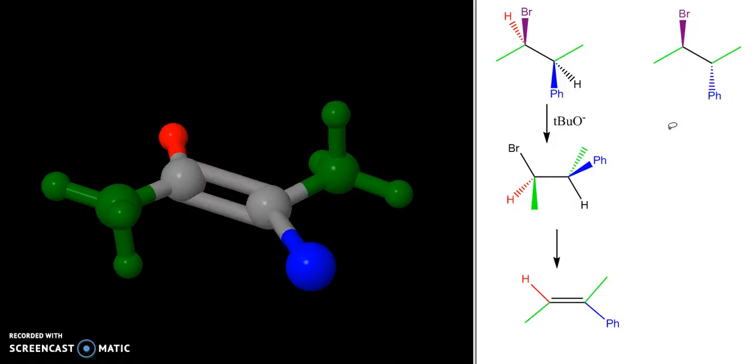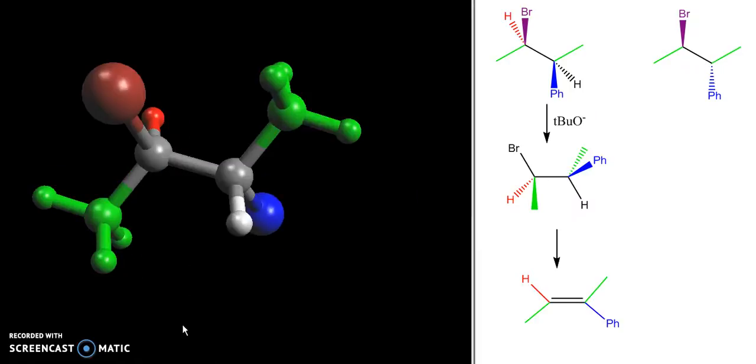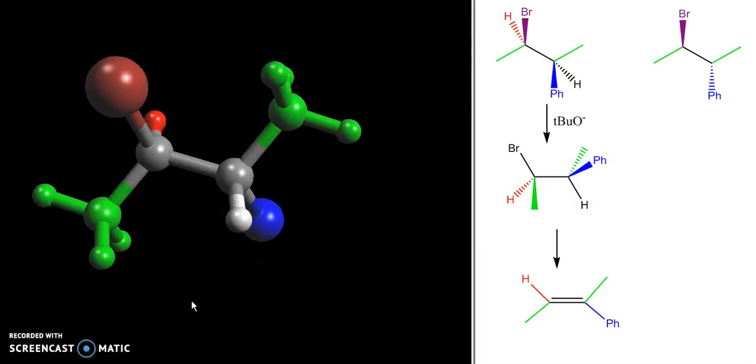I want to look now at my other reactant, which, as we said earlier, the only difference is the stereochemistry at this center. So this is my three-dimensional model of this molecule. You'll notice nothing has changed at this first stereocenter, but now instead of coming towards us, the phenyl group, which I've represented with this blue sphere, is going away from us.